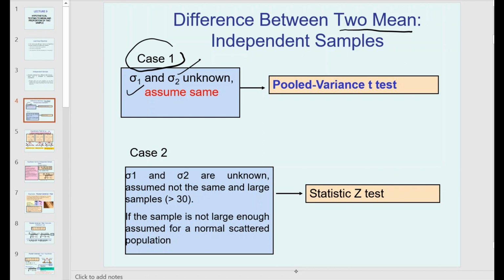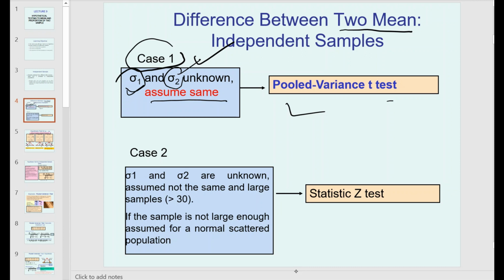Basically, we assume that both sigmas are actually unknown, but we put an assumption that they are the same, which means the values of sigma 1 and sigma 2 are the same. Once we assume this, it falls under case 1, so we will be using the Pooled-Variance t-test. Pooled because we pool together, as we assume that sigma 1 and sigma 2 are the same.